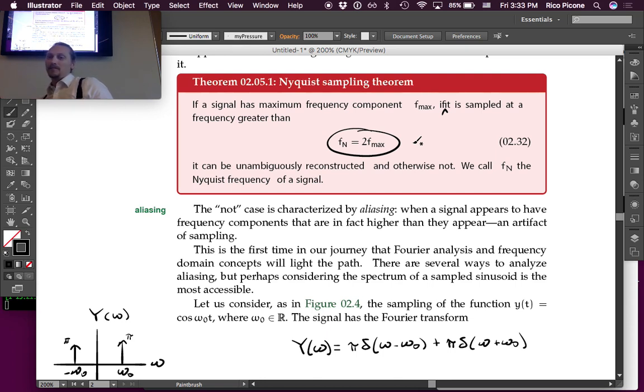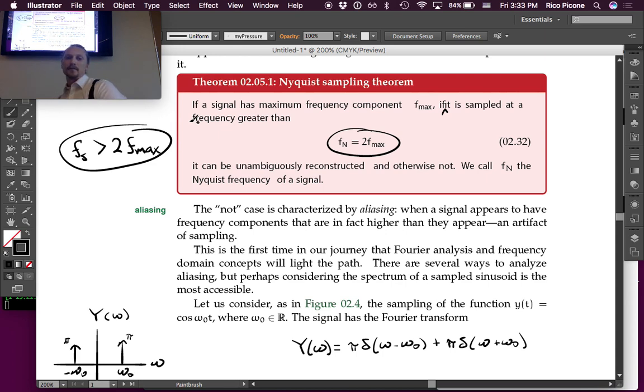That's right. So if you wanted to say, what is the condition for your sample frequency? It has to be greater than 2 times F max, would be a way to write it in symbols. Thank you.